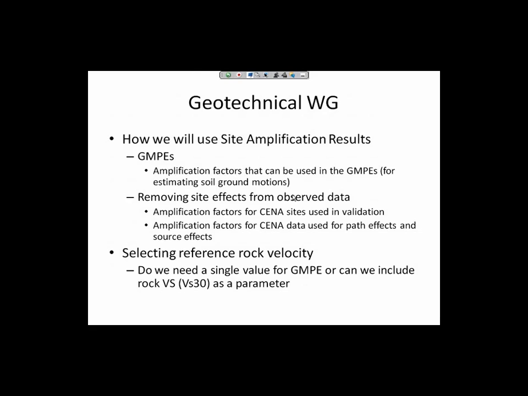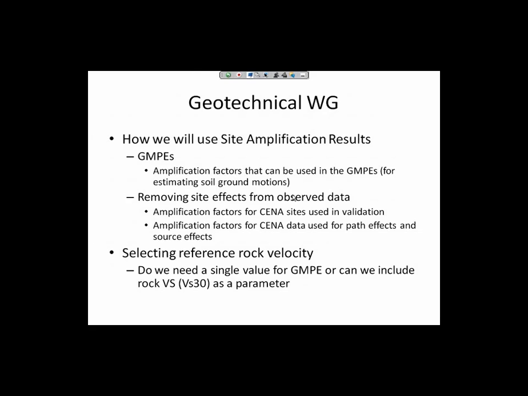The other part is the data we talked about yesterday, looking at what we'll get for path effects and getting stress drops and so forth out of the eastern U.S. data. We need to be able to take the site amplification factors out of that.